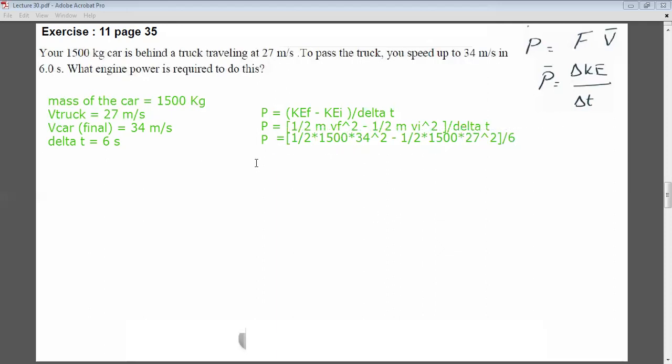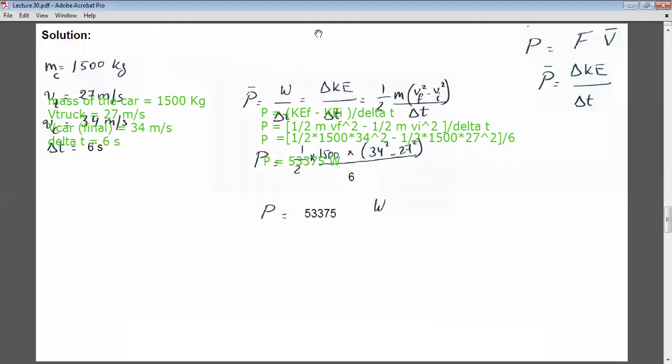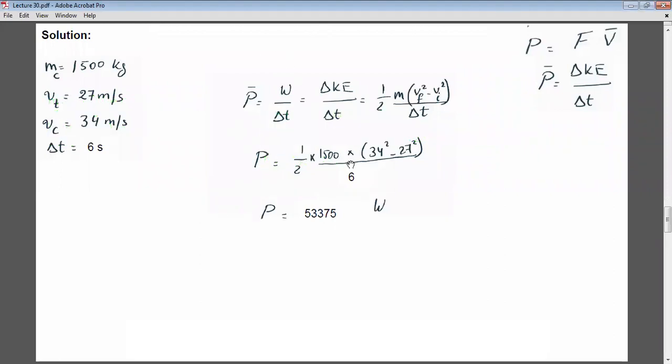I do the calculation using a calculator and I will get the power is equal to 53375 watts. The unit of power is watt. Okay, let's do another exercise. So here is the solution.